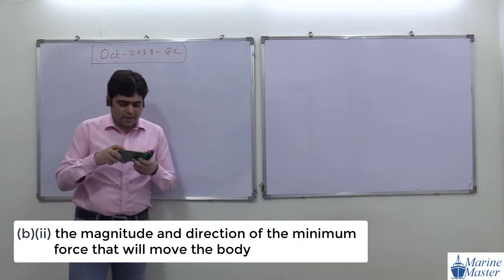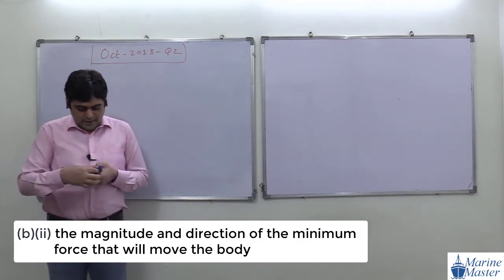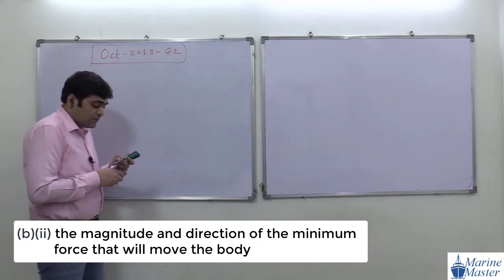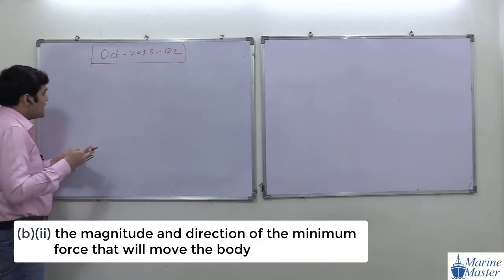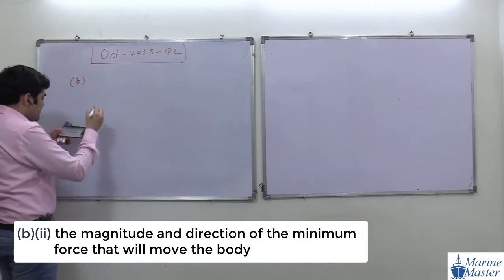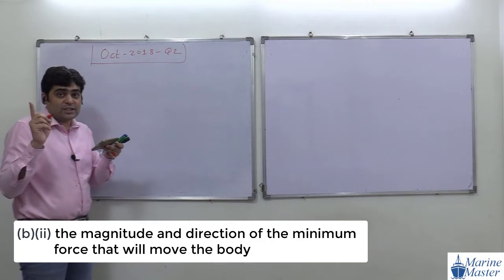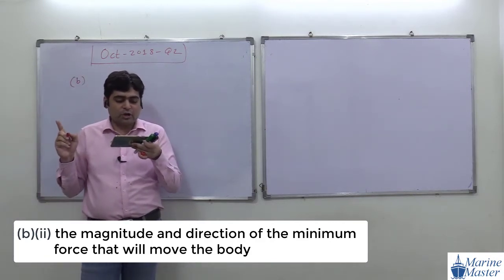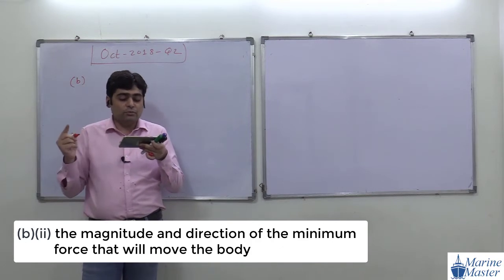B's second part is quite interesting for everyone. In B's second part: magnitude and direction of minimum force that will move the body. They are asking us magnitude and direction of the minimum force that will move the body.